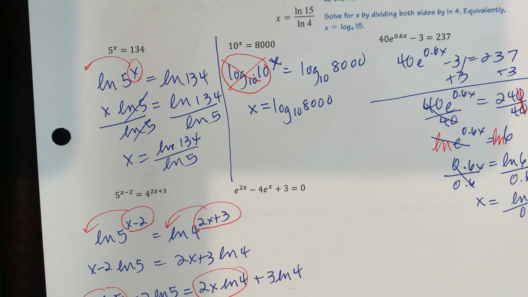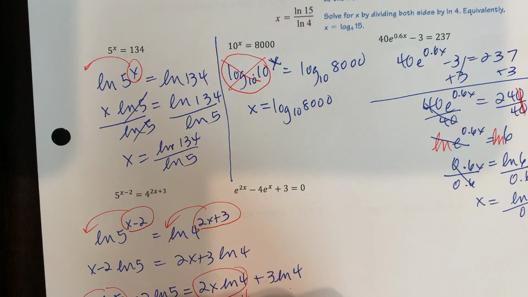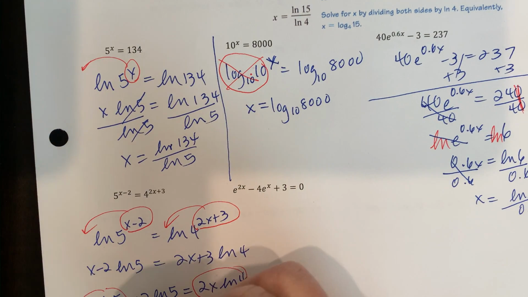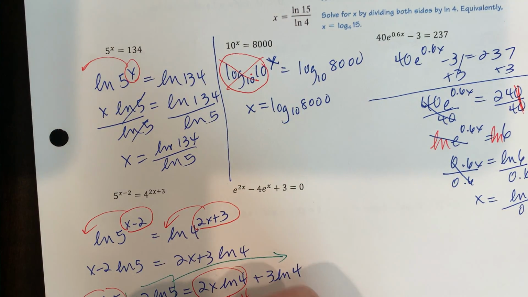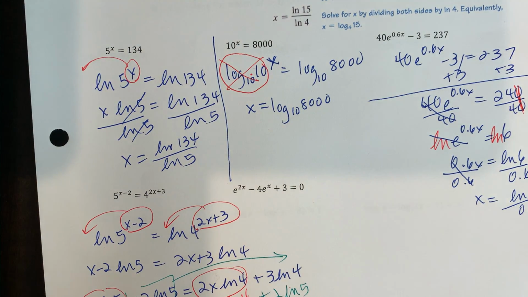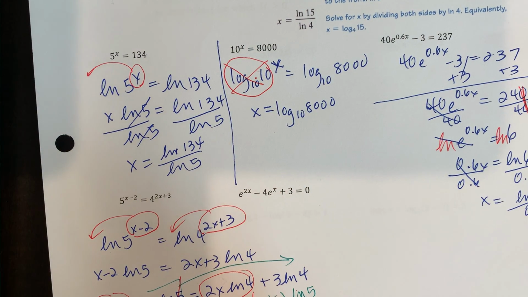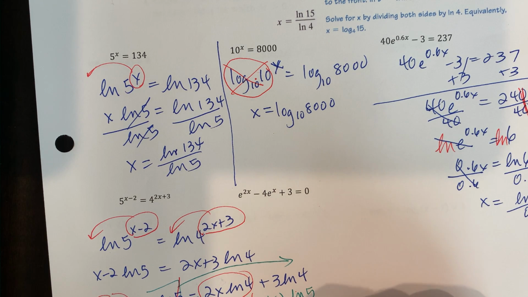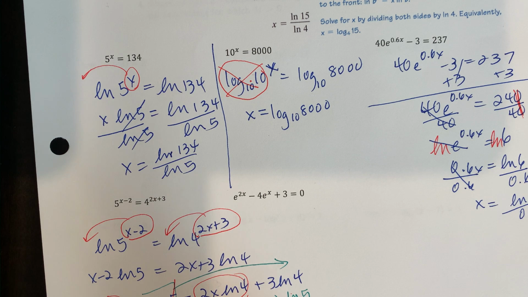So I'm going to move 2x ln 4, negative 2x ln 4. Then I'm going to move this guy over to that side, so I'm going to add 2 ln 5, add 2 ln 5. Now that'll make x ln 5 minus 2x ln 4 equals 3 ln 4 plus 2 ln 5. Then I can take an x out of both of these.